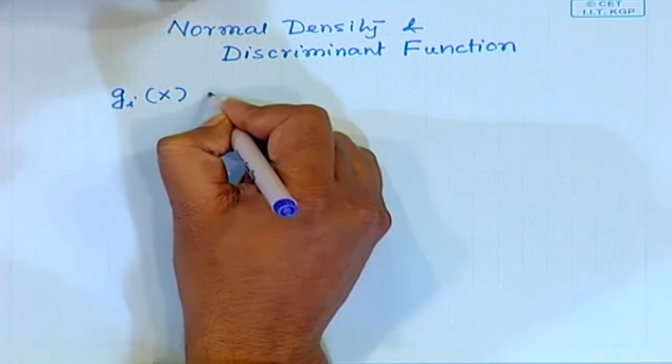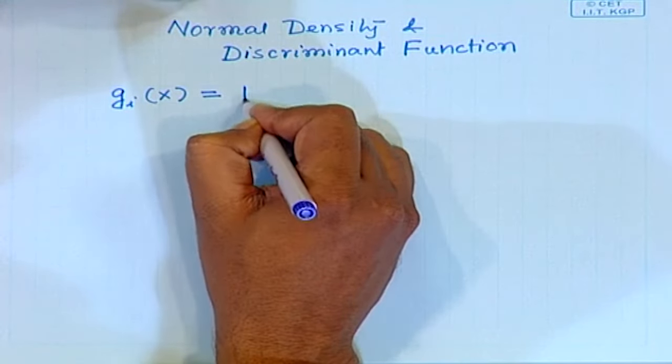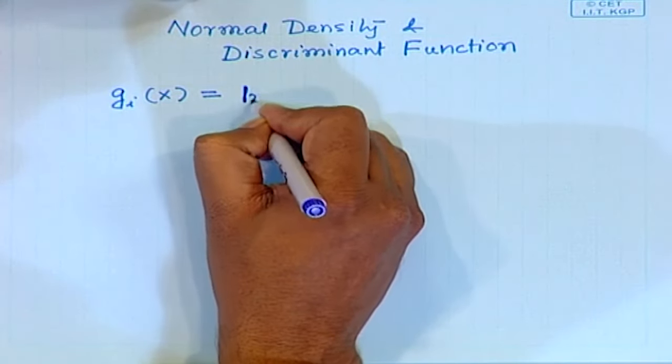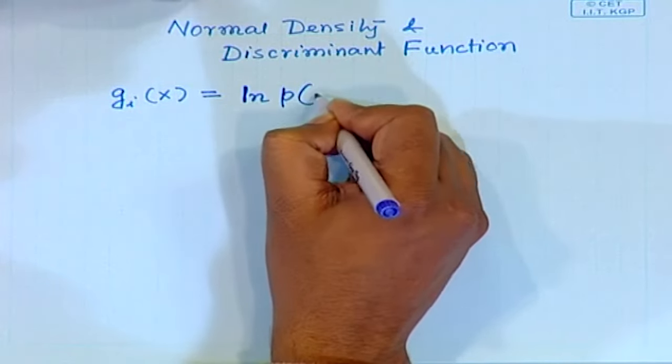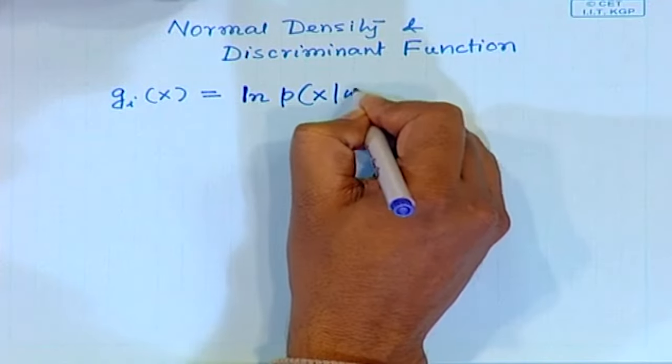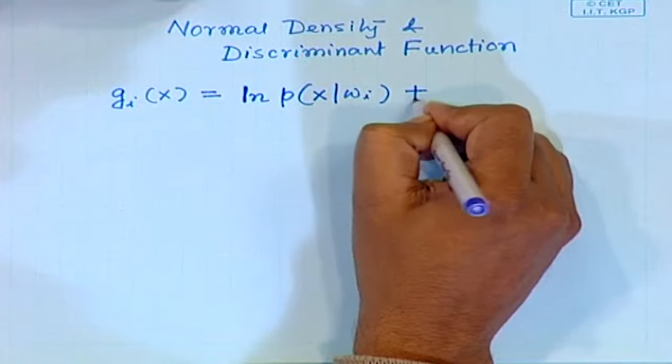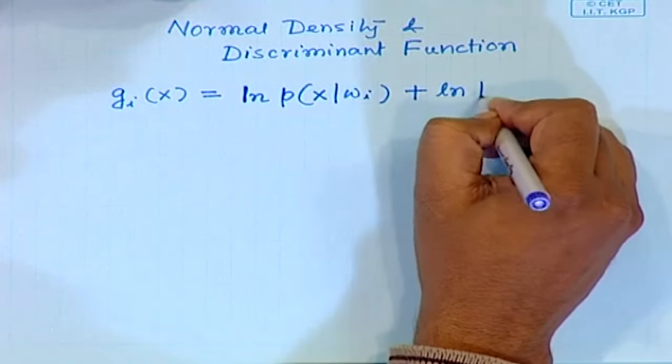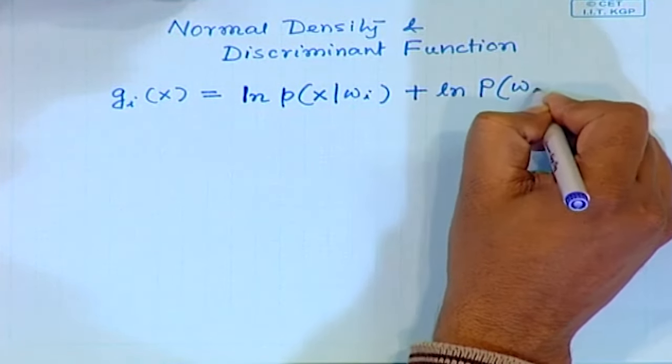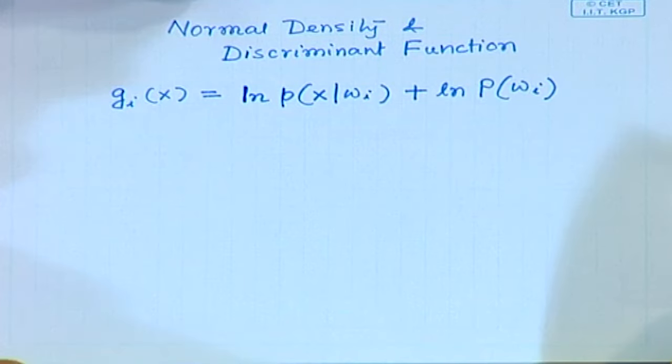g_i(x) is ln P(x given omega i) plus log of a priori probability, that is P of omega i, where omega i is the ith class. Okay.